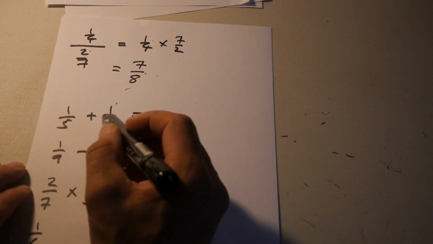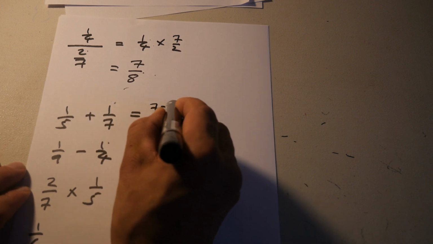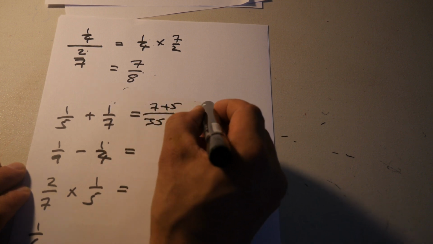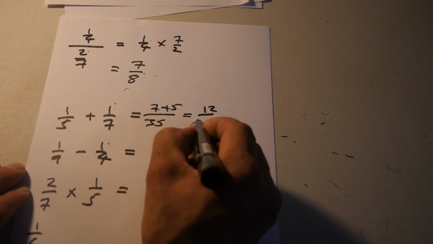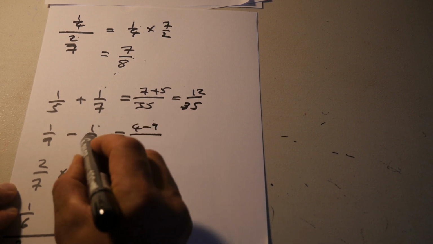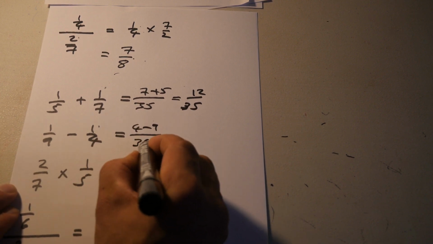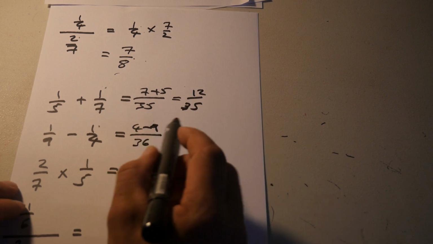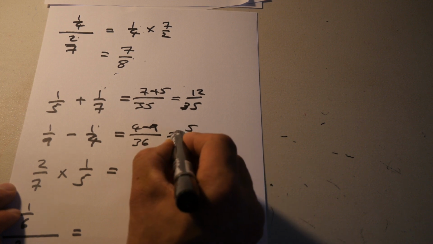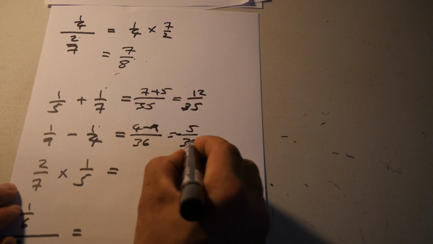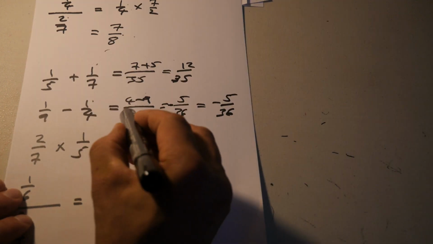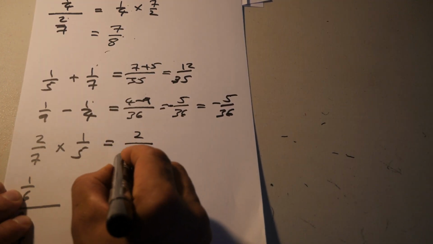Okay, the answers to these are: 7 plus 5 over 7 times 5 is 35, equals 12 over 35. 4 minus 9 over 9 times 4 is 36, equals minus 5 over 36, okay. 2 over 7 times 5 is 35.